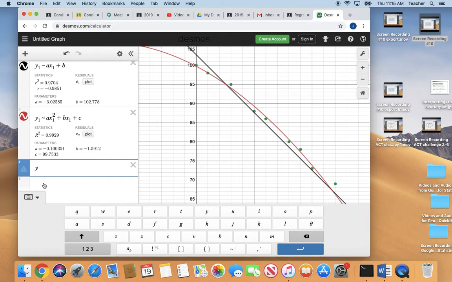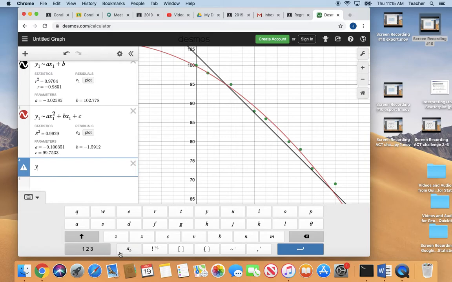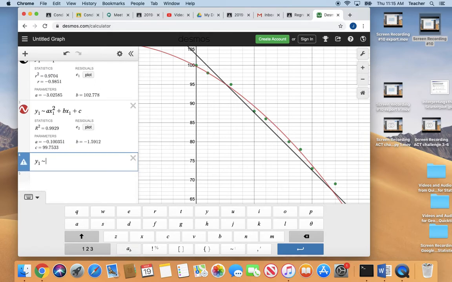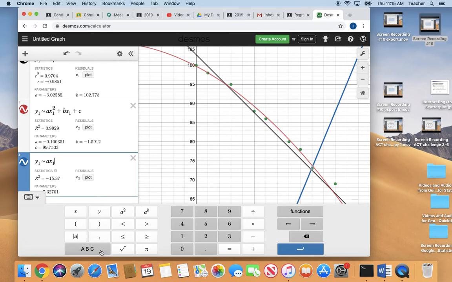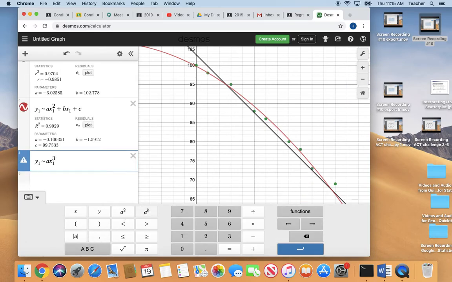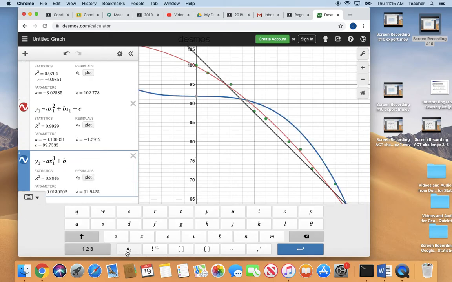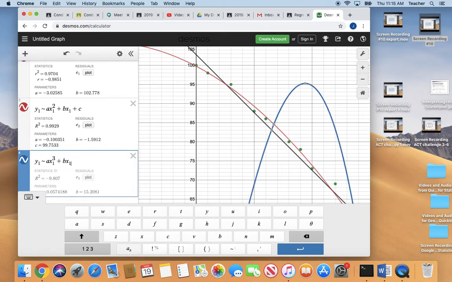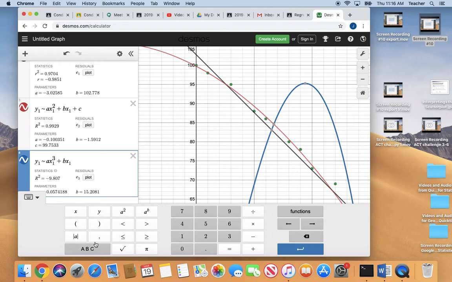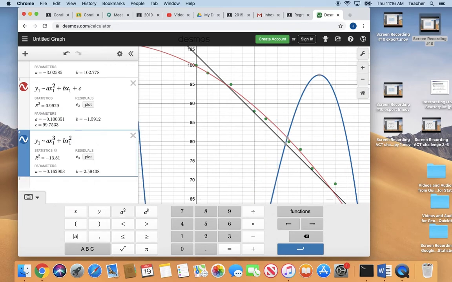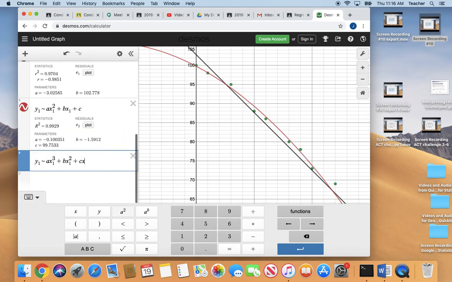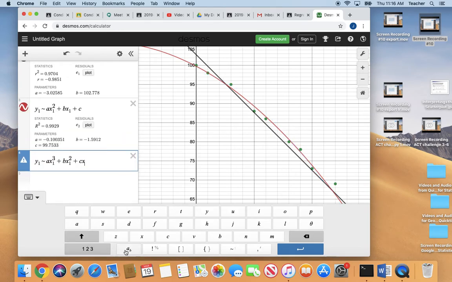So I would type in y1, and you could do this in your calculator, is approximately ax1 raised to the third power plus bx1 squared plus cx1 plus d.